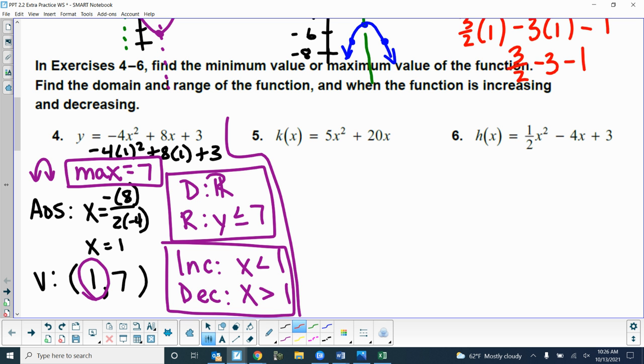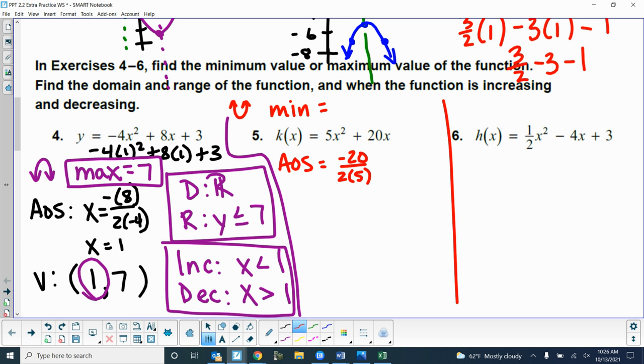Okay? Number 5, it's in standard form again. 5 is the A value, up or down? Up, min or max? Min. All right, so axis of symmetry, -b over 2a.